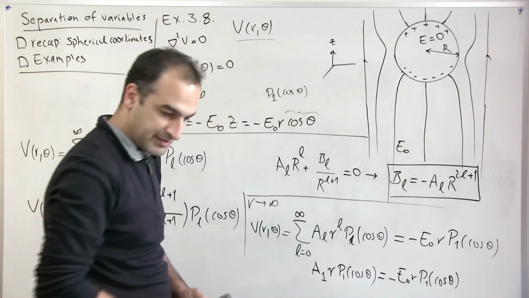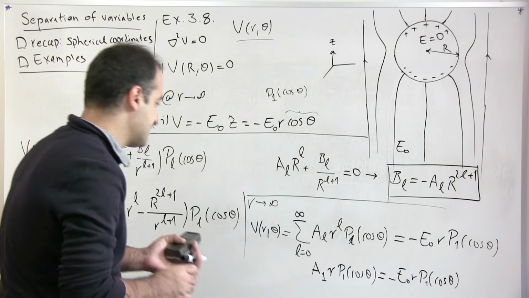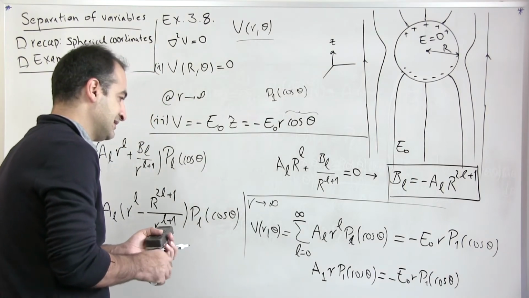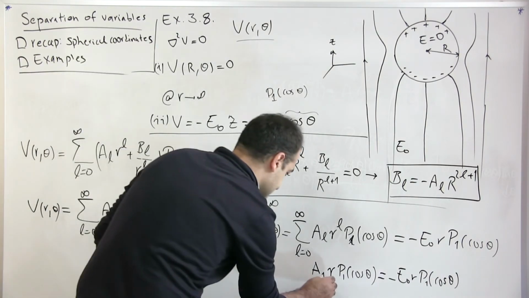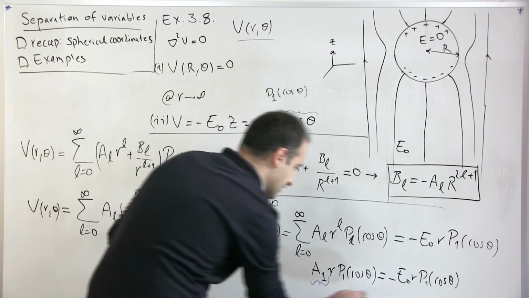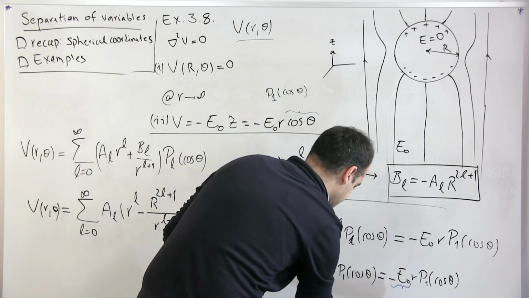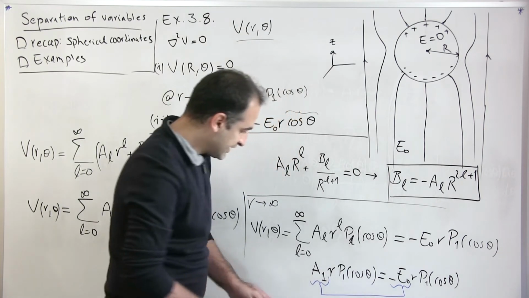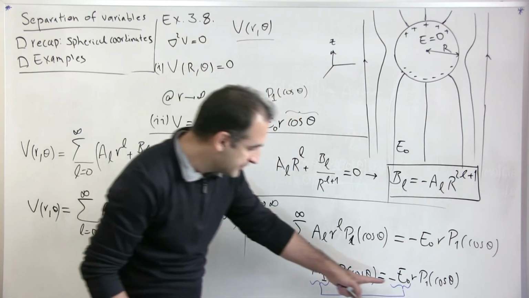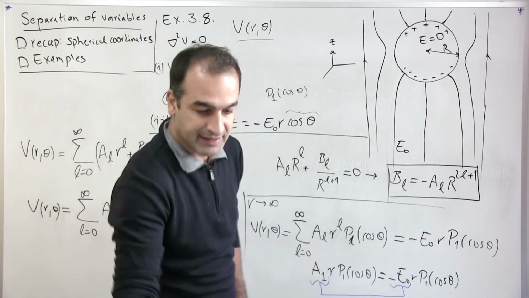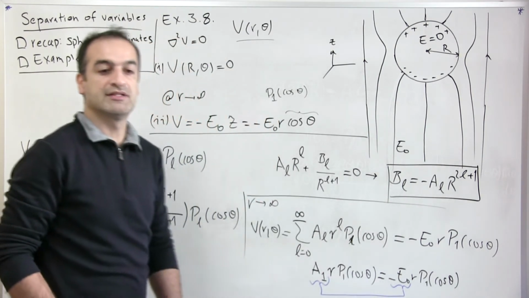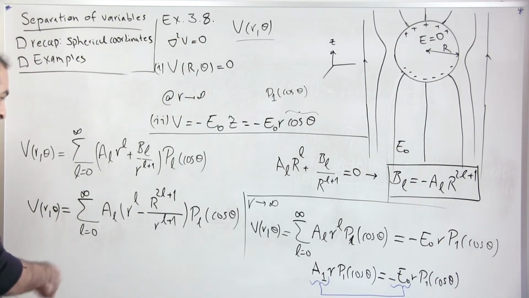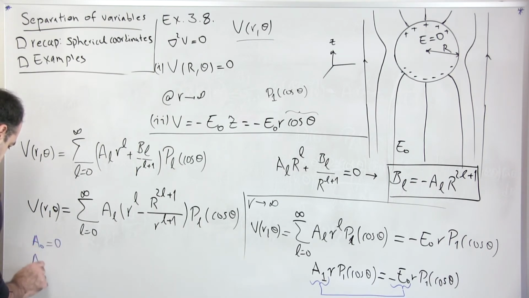And that means we can set A1 equal to negative E naught and the rest of the A values to 0.